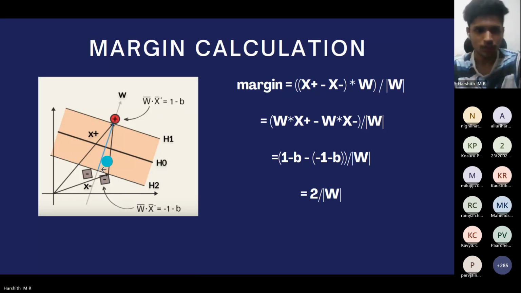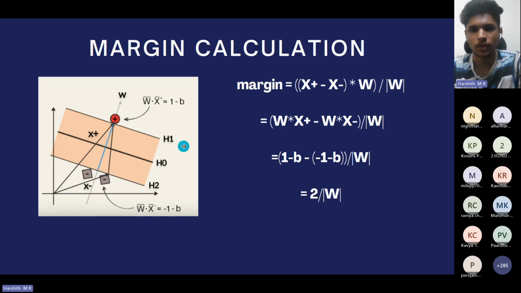When you subtract this vector from this vector, you would get a vector joining these two points, joining support vectors of one class and support vectors of the other class. And when you take this vector's component along W, you would get the value for margin. So this is the length of the margin.